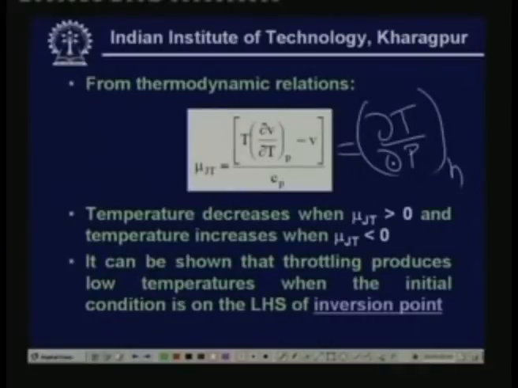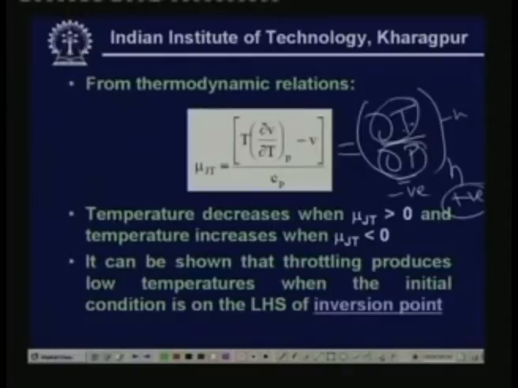So during an expansion process pressure reduces, that means dP will be negative. If temperature also reduces, then dT also will be negative. That means the Joule-Thomson coefficient will be positive, right? So for gases whose temperature reduces during throttling, the Joule-Thomson coefficient has got to be positive. If the Joule-Thomson coefficient is negative, then since dP is negative, dT has got to be positive.